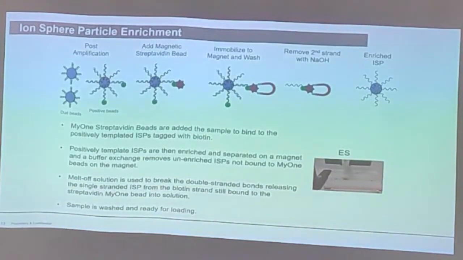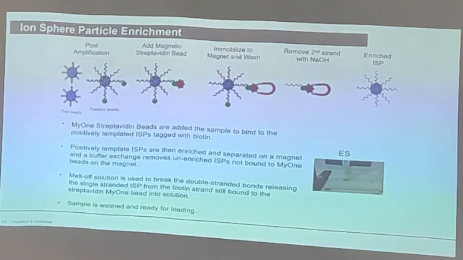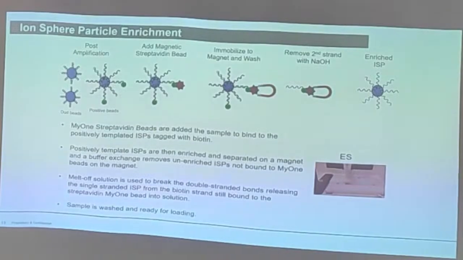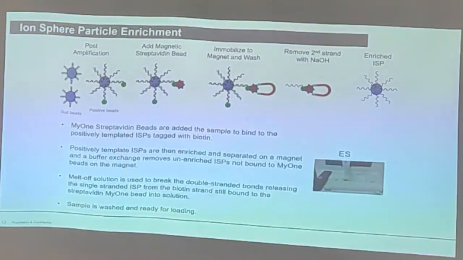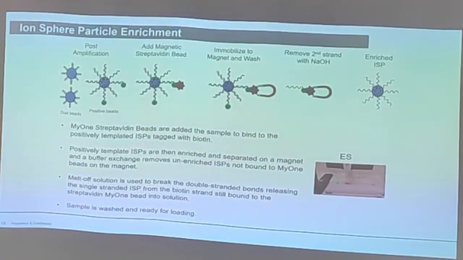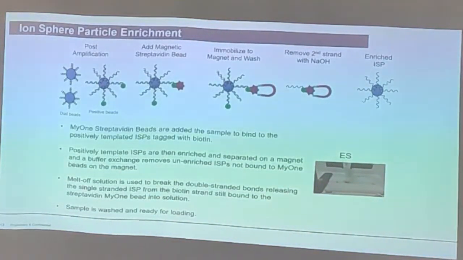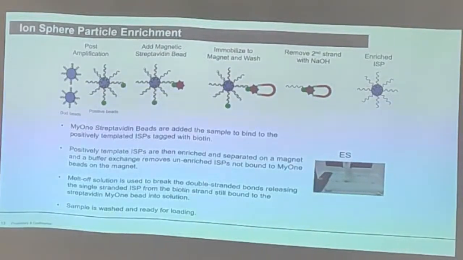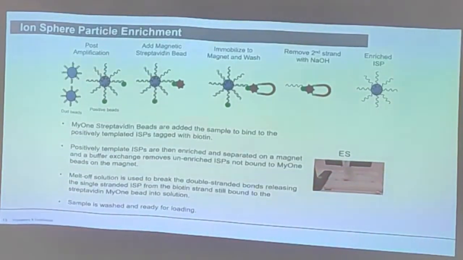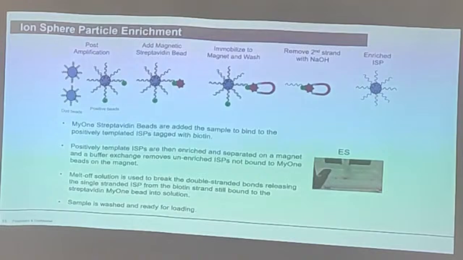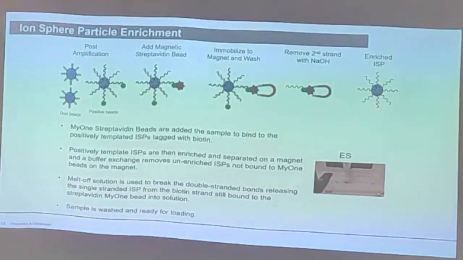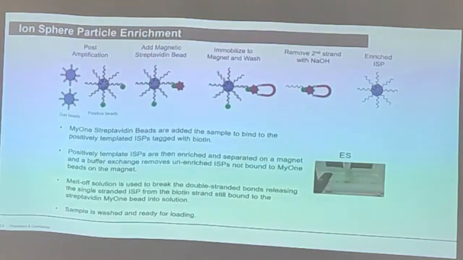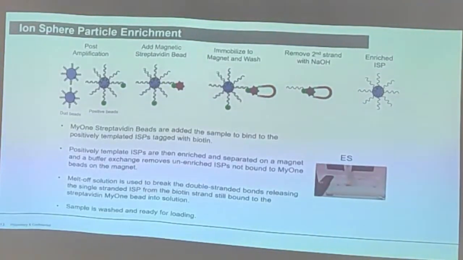The streptavidin beads have magnetic properties. When you apply a magnetic field, these streptavidin beads are pulled, but they do not come alone. They also take the enriched ISPs with them. That's how you enrich the positive, amplifiable libraries. And these beads are injected in the chip.